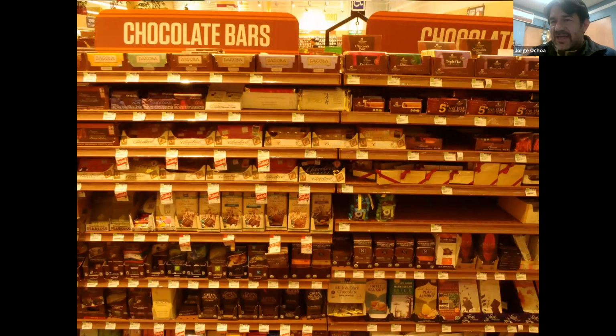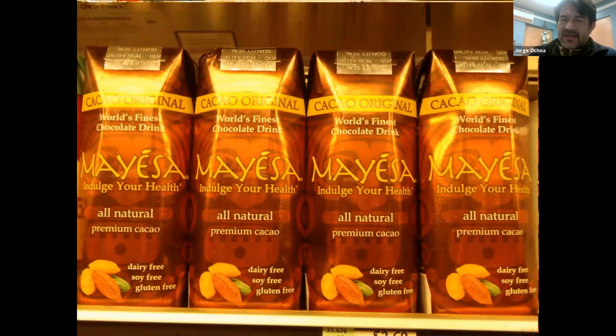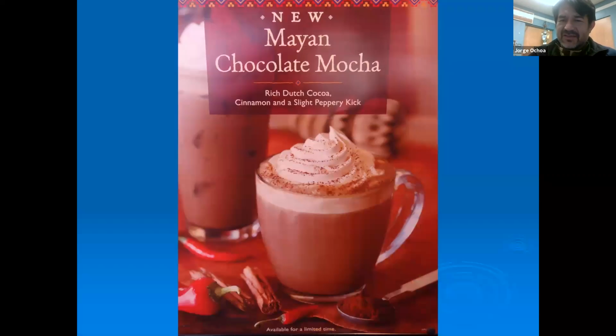There are going to be aisles of chocolate out there, some a little more expensive than others. So that is a European product, or at least a product from the Americas with European influence, and different kinds of chocolate drinks. And then here we have a very nice advertisement from Coffee Bean. And I'm not sure if it's appropriate, but it has Maya chocolate mocha, and it's made with Dutch cocoa.